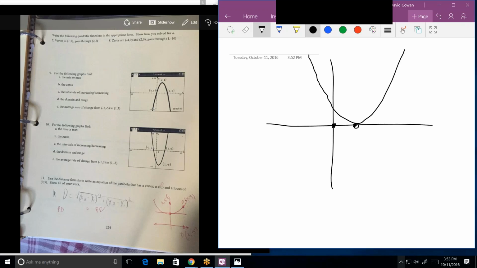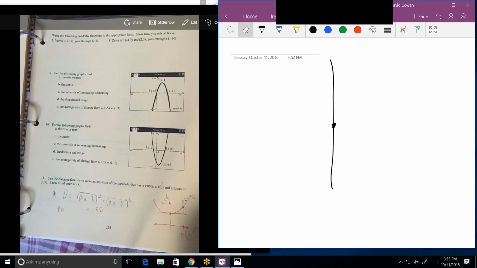What does that tell us? Well, now, first of all, I was wrong. When it said the vertex was at 0, something, what that told me was that the vertex was on the y-axis, not the x-axis.